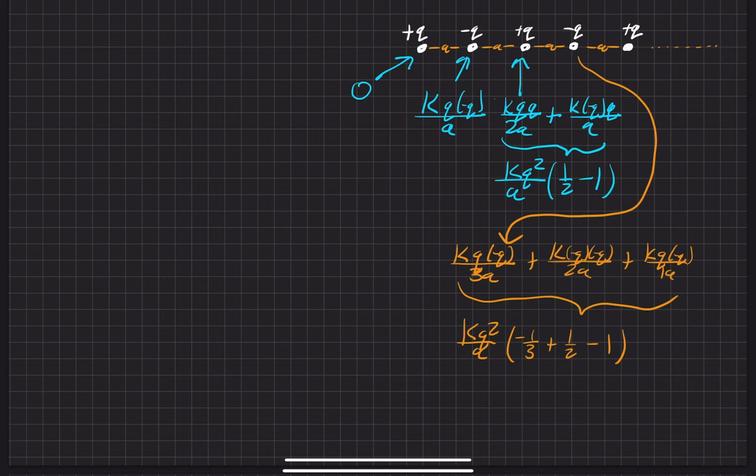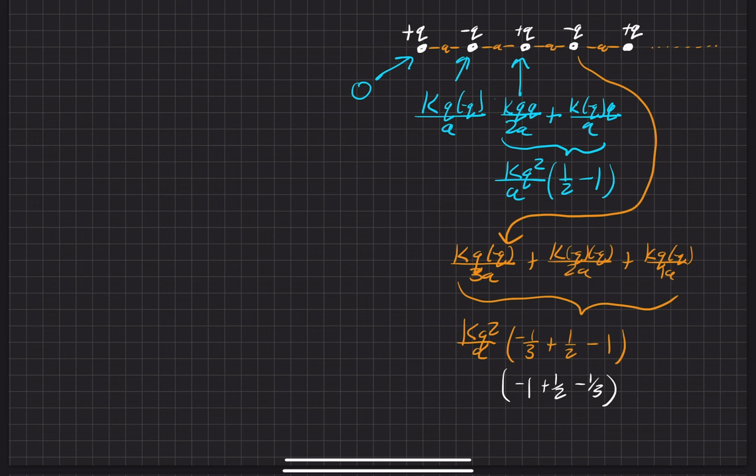And what this ends up being is a summation, as you can tell, right? We can rewrite it, maybe making it a little bit easier: negative 1 plus 1/2 minus 1/3, right?